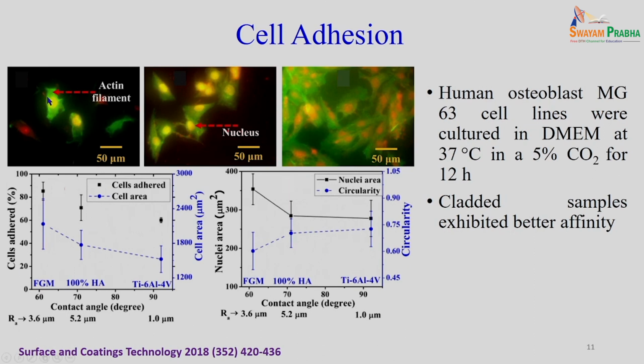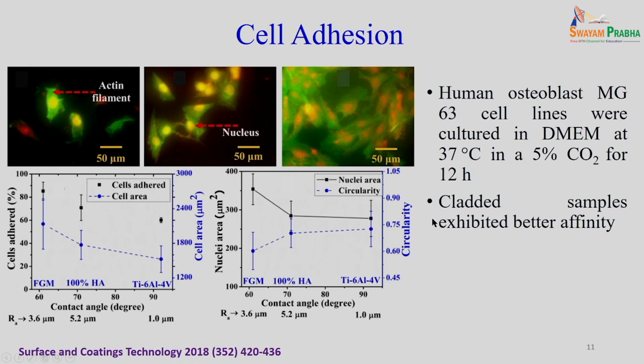So, here these are the cells. We stained the actin filament, we also stained the nuclei, and if you merge them, you can see the nuclei is surrounded by the actin filament.